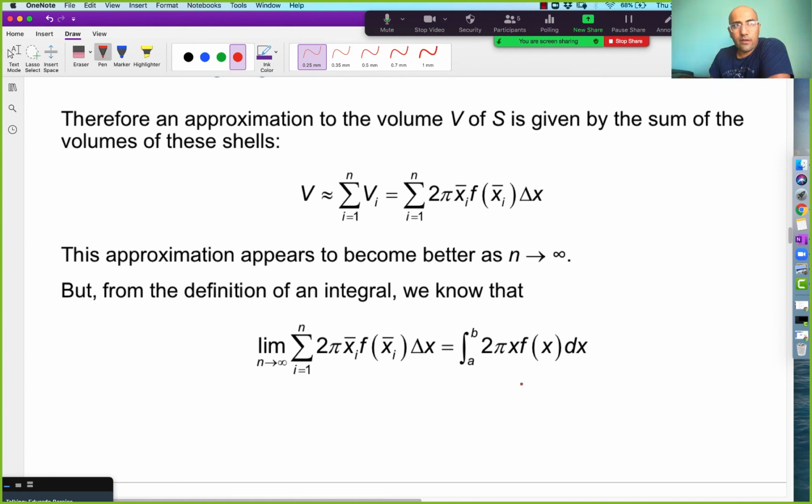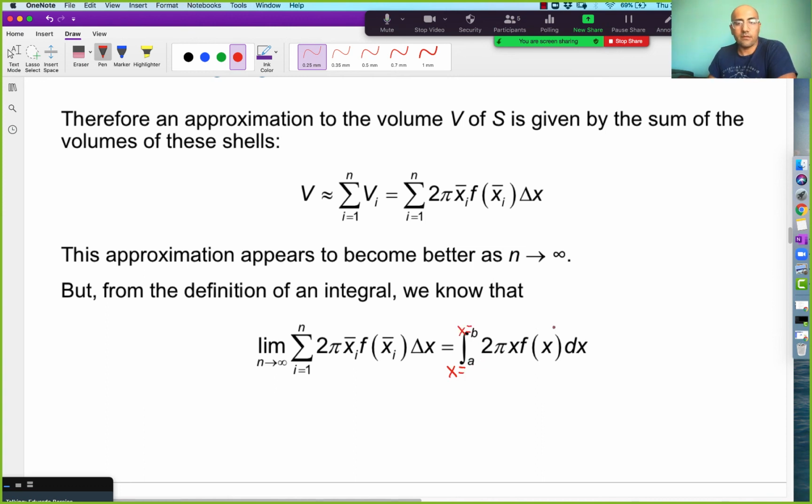Remember that as n goes to infinity, those delta x's are going to get infinitely small. So the mean value inside each delta x is approximately equal to x. And this will be as x ranges from a to b.